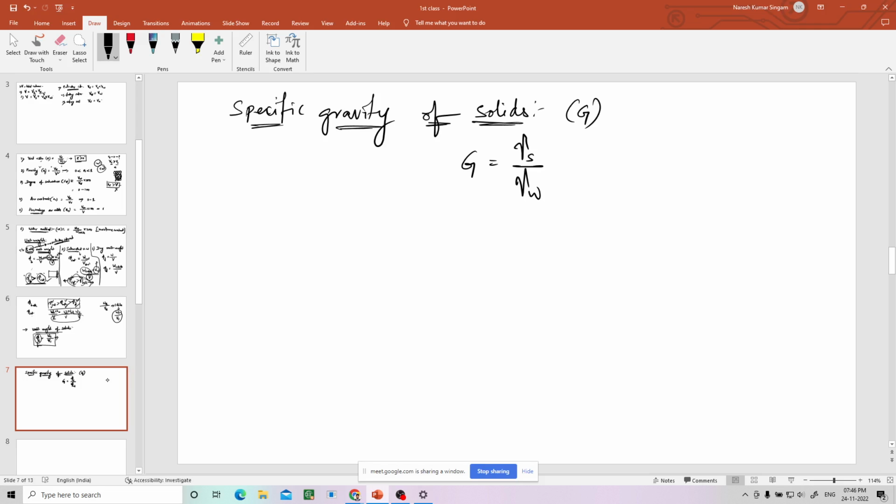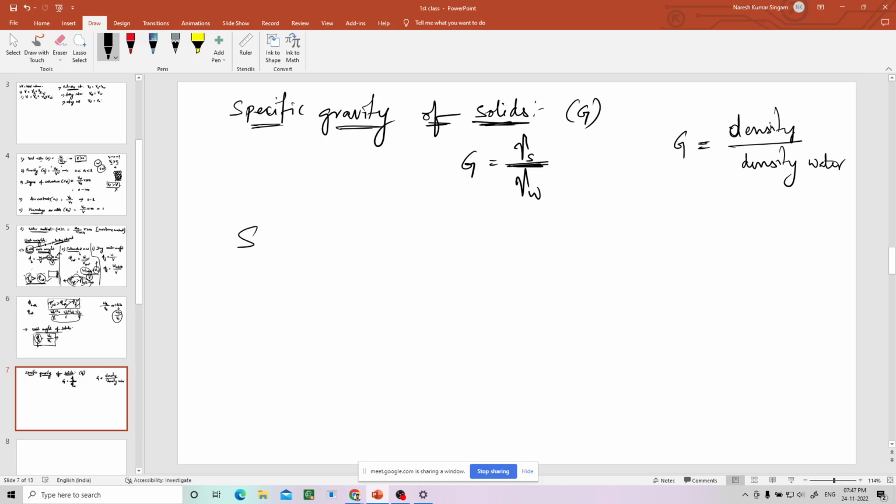See, specific gravity of any material, what is the definition which we know from our school level? The unit weight of that material or density of that material divided by density of water. In the same way here, specific gravity of solids means unit weight of the solids divided by unit weight of water.